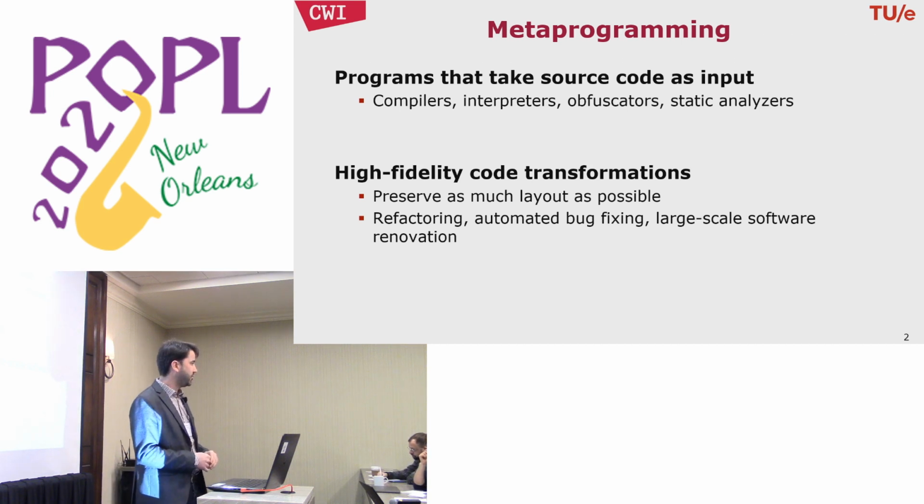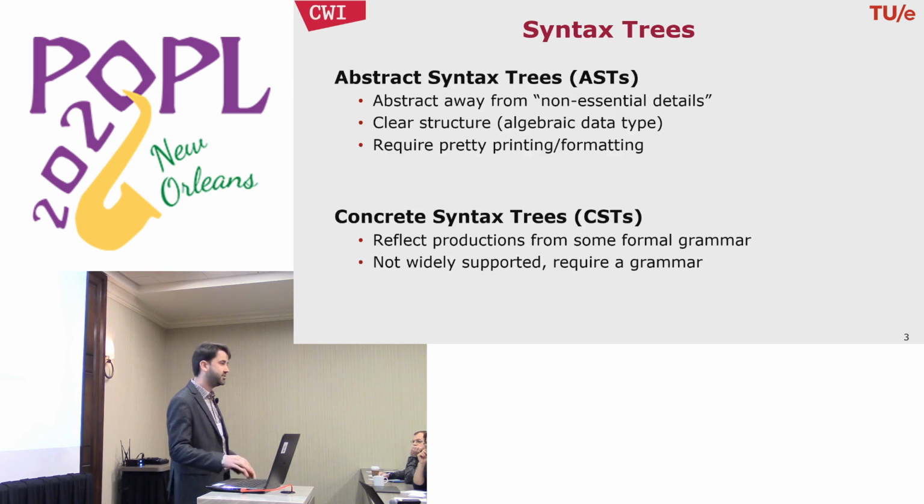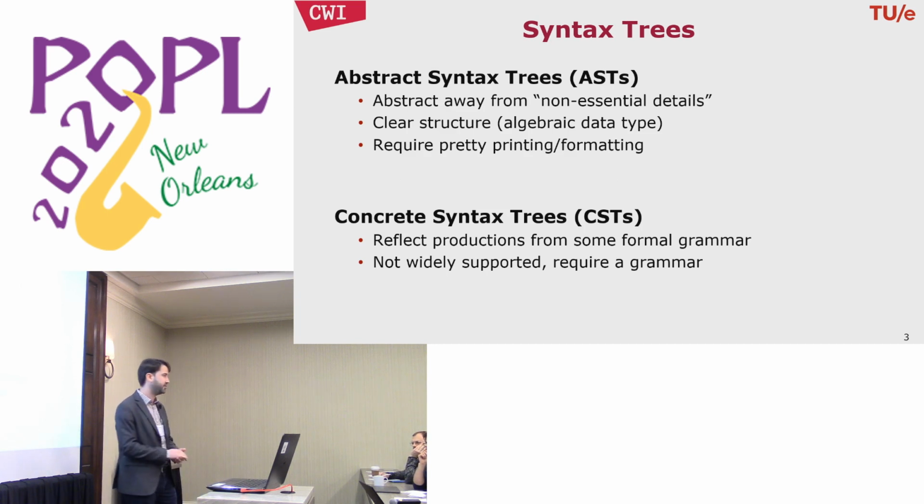If we do metaprogramming, we don't really look at source code as a plain string, but instead we parse it into some sort of syntax tree format, and there are two main flavors. On one hand, we have abstract syntax trees, where we abstract away from non-essential details, such as layout and indentation, but you also won't find comments usually, or operator literals.